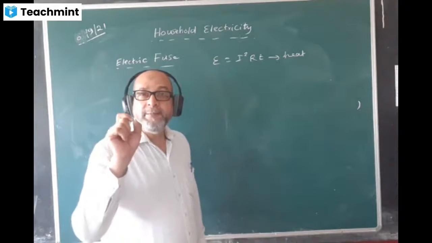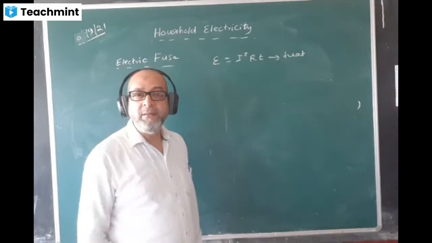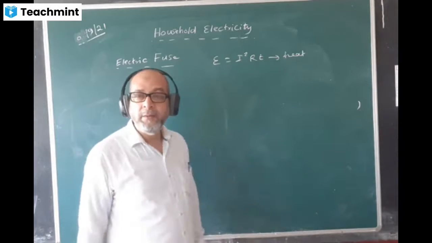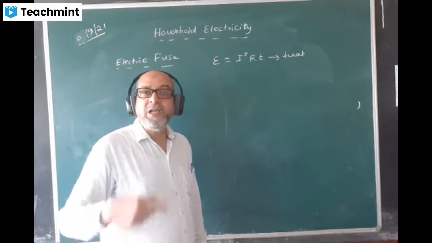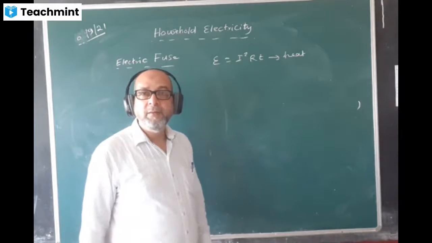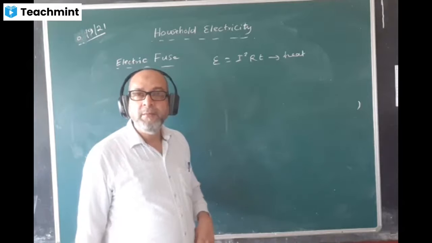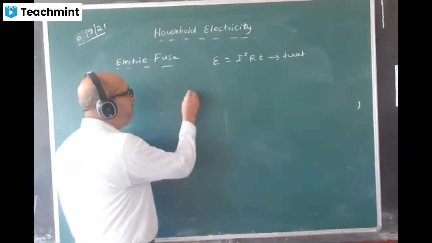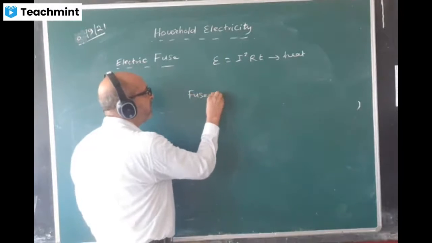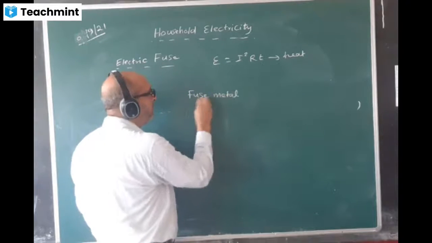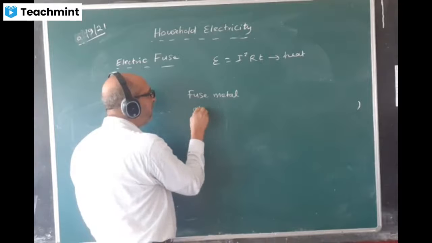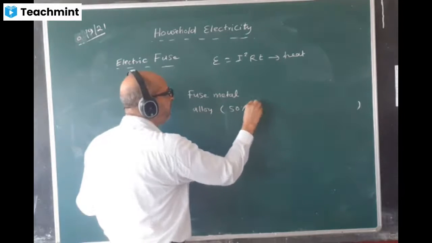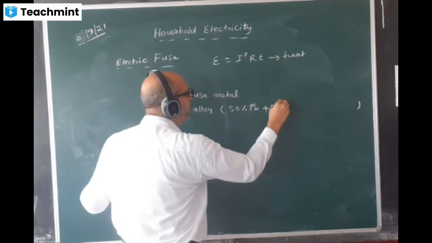Now, the most suitable material for making a fuse wire is not copper. We use a special kind of wire as a fuse wire, and the wire is called fuse metal. It is an alloy containing 50% lead plus 50% tin.